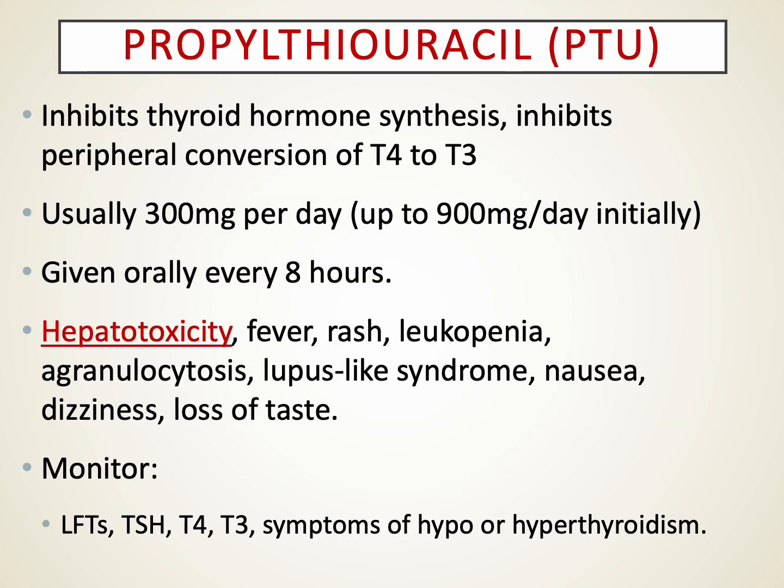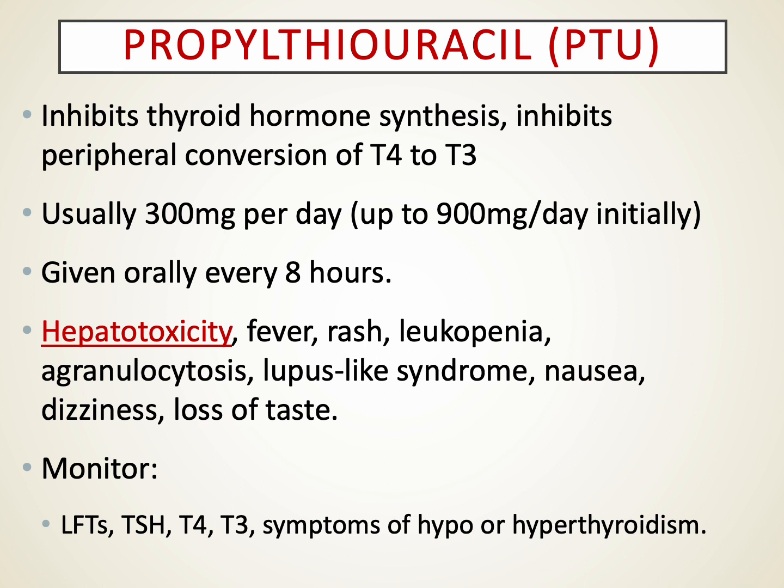Our therapies are for reducing synthesis of T3 and T4. The oldest therapy, the one that's been around probably the longest, is propylthiouracil, or PTU. It's typically dosed 300 milligrams a day, can be initially loaded up to 900 a day, and given orally every 8 hours.